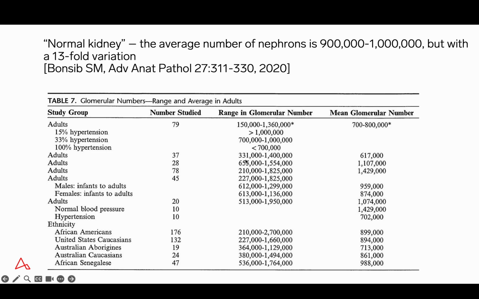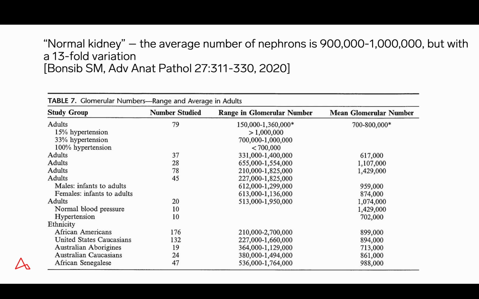Similarly, in other studies we can see 331,000 to 1.4 million. So there's substantial variation in nephron number between normal kidneys. This has some significant clinical importance, which will be addressed when I discuss renal hyperplasia in segment number 3 of this series.